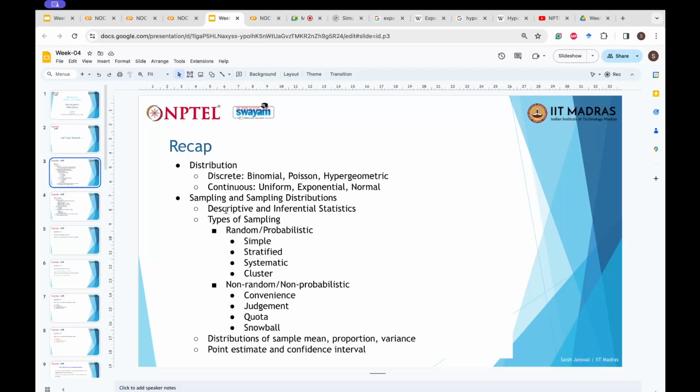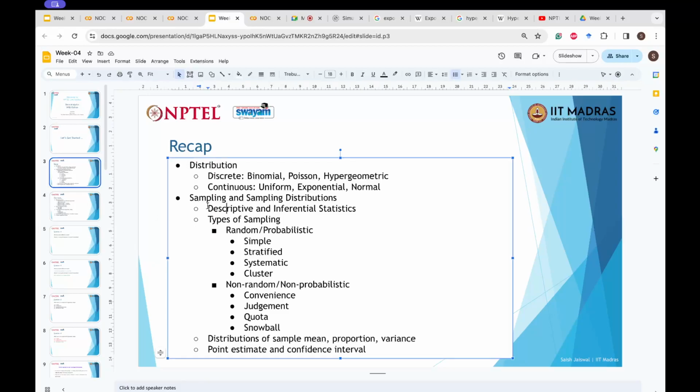We saw sampling in the last session, what sampling is and the different types of sampling. So I want to take a sample of say 10 bottles and infer about the population parameter, that is the population mean, the average amount of milk present in all the bottles, because I cannot go and check and measure each and every bottle. So I just take a sample and infer something about the population.